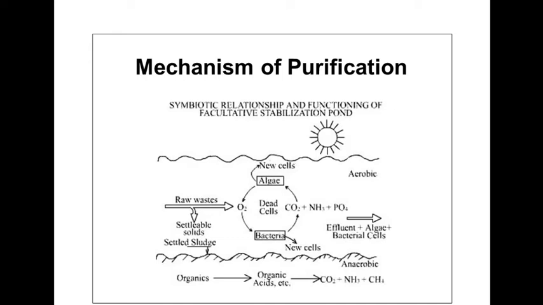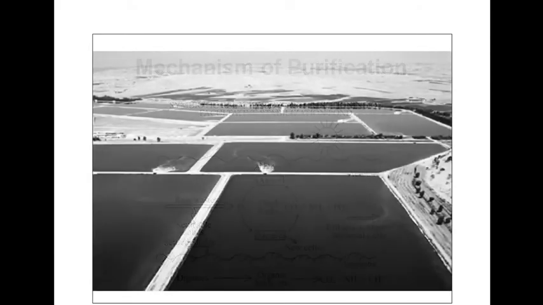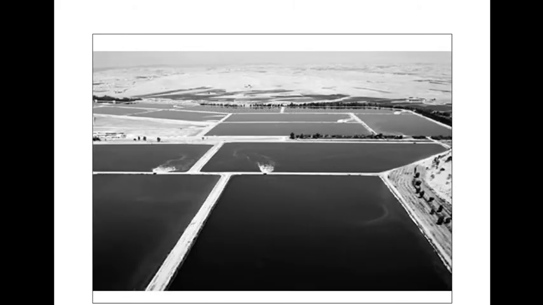That is called the facultative zone. In the middle zone, the gases generated from the anaerobic layer are oxidized again, releasing CH4, CO2, and NH3. So this is the mechanism of purification of the facultative stabilization pond. This is the summary of the facultative pond.